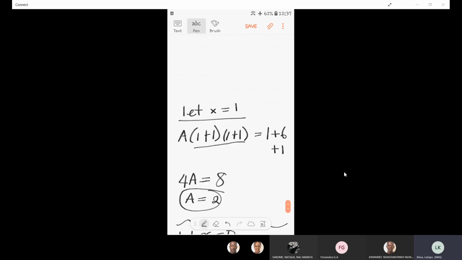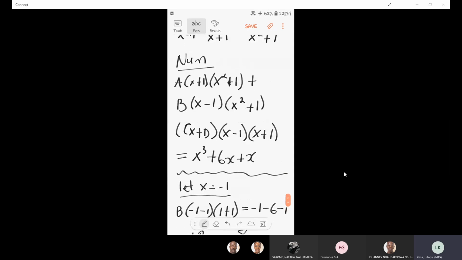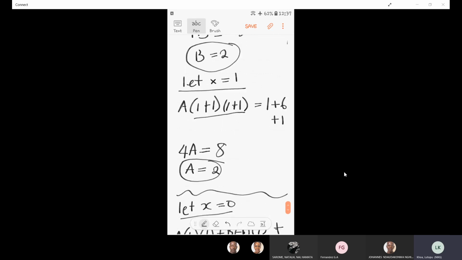And you see that c is gone because c was multiplying by x, which is 0, so you're only left with d to solve.